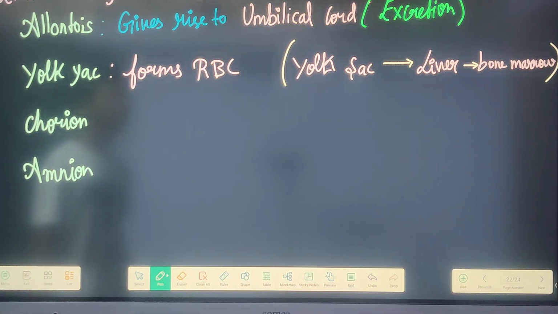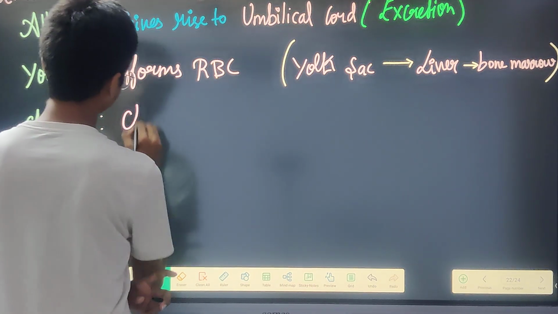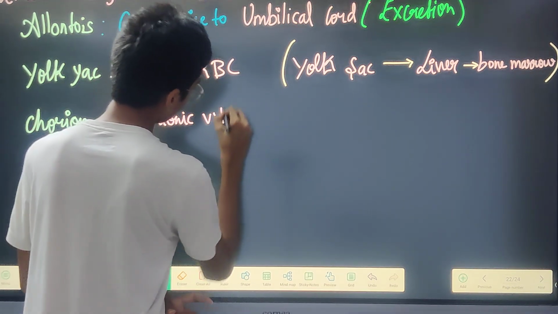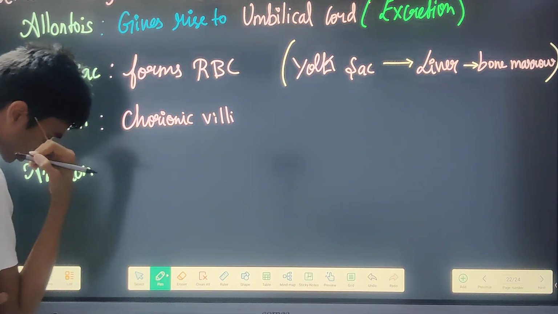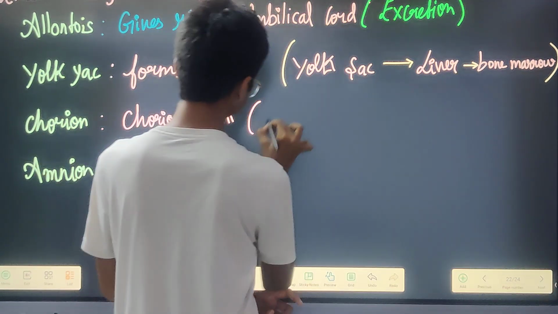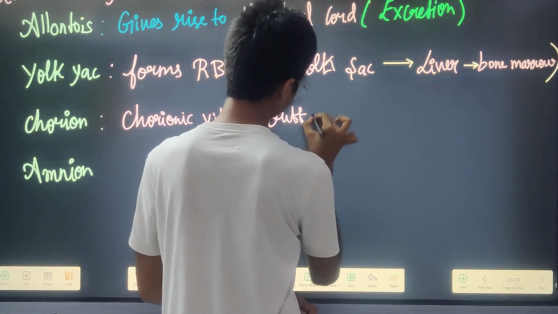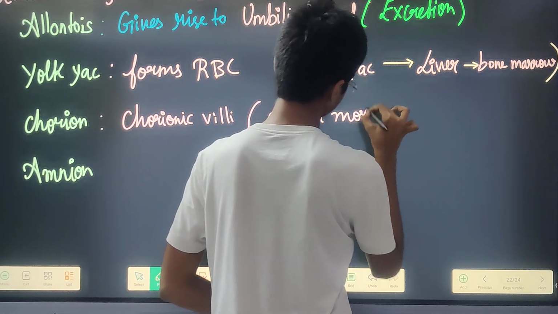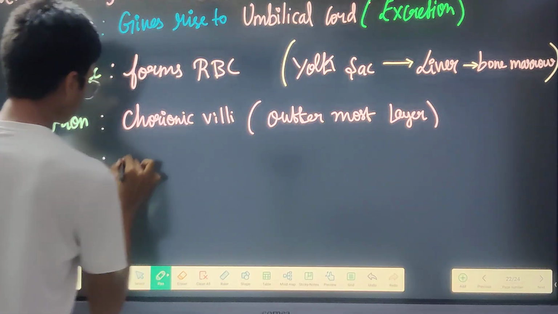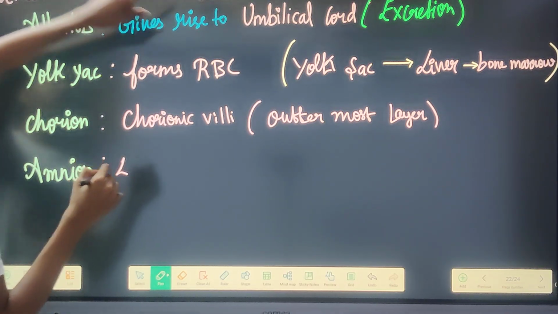Okay, so next is chorion. Chorion is the thing that is going to give rise to chorionic villi. So chorion is the outermost layer. See, amnion is also a layer. All these extra embryonic membranes are layers only.